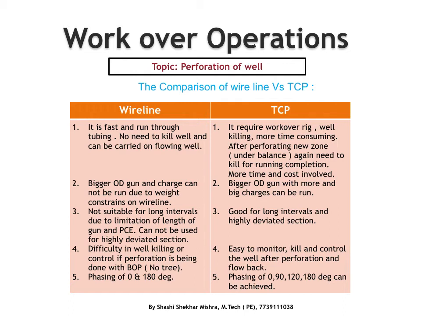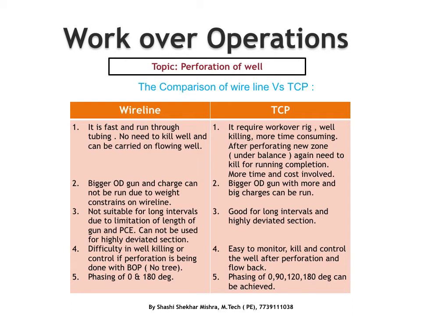But if we are doing wireline perforation through the BOP and some abnormality happens and the well is still flowing, then it becomes difficult to control or kill such a well, because there is no tubular in the well, so here we can only kill by the volumetric method.